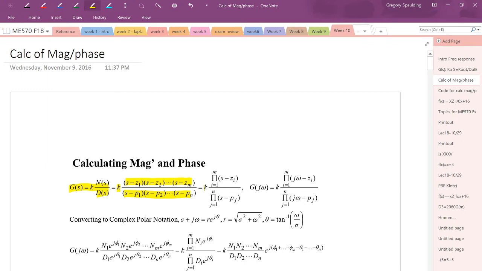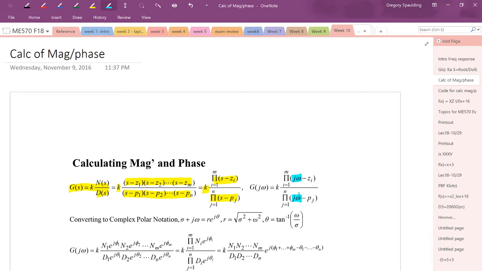Now, the next is just another way of writing that, the summation of those rather than having them listed individually. And then this one, we make a slight change in here. As we've been talking, we substitute the j omega in for our s if we want to calculate it at a specific frequency, because j omega on the imaginary axis will give us a pure sinusoidal.